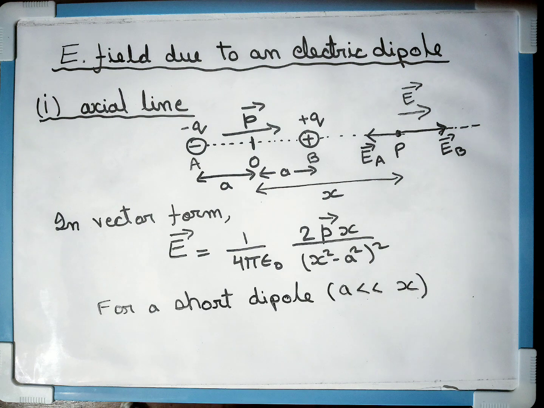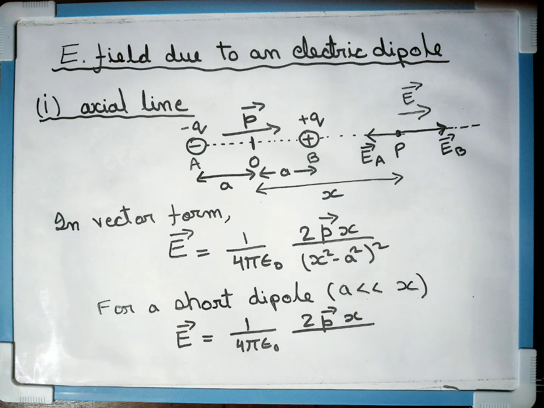Now for a short dipole, that is when the distance a, or the dipole length, is very small as compared to the distance x, we'll have to neglect this quantity a. So here your E vector will be equal to 1 by 4 pi epsilon naught 2 P vector x divided by x square.